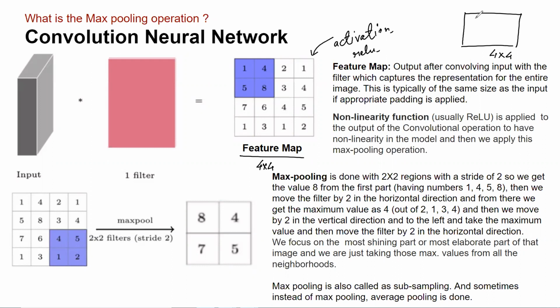Now, after applying the activation function on my feature map, we apply another layer which is called pooling. For the time being, just consider that my activation function is the identity function, which doesn't do anything to this feature map. It will keep the output as it is.